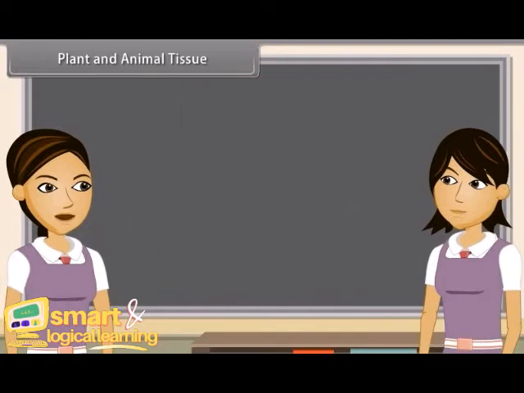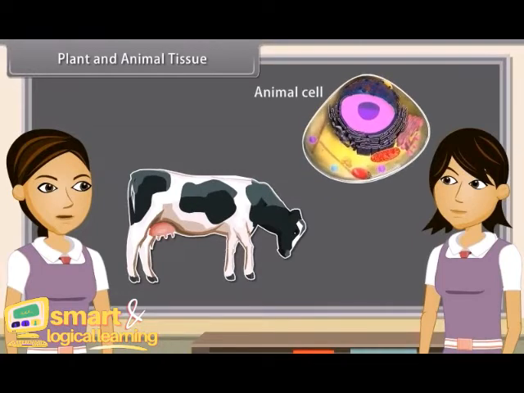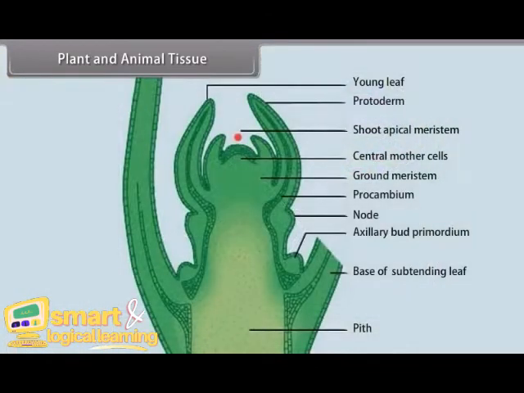Yes, I know that animals are heterotrophic and have to move around in search of food, mate and shelter. So they need more energy in comparison to plants. That is why most of the tissues in animals are living. One more big difference between plants and animals is pattern of growth.